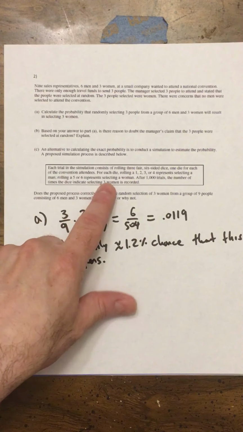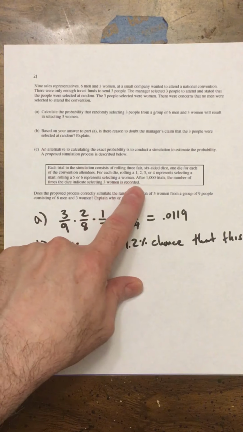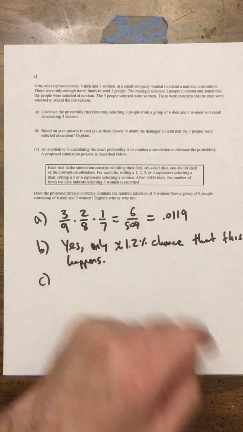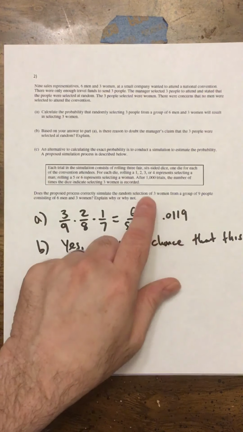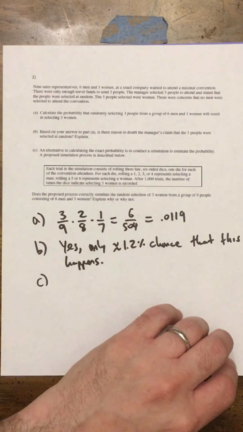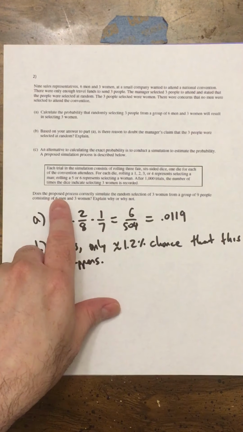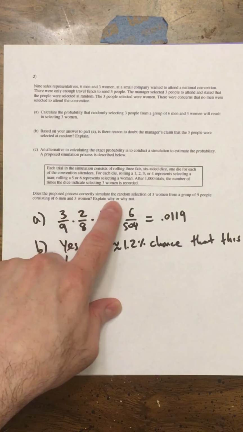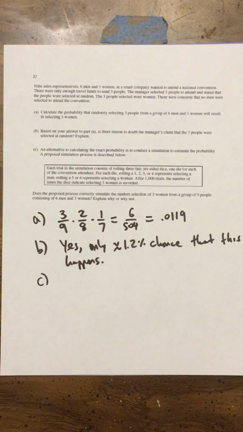Rolling a 5 or 6 represents selecting a woman. After 1,000 trials, the number of times the dice indicate selecting 3 women is recorded. Now it asks, does this proposed process correctly simulate the random selection of 3 women from a group of 9 people consisting of 6 men and 3 women?